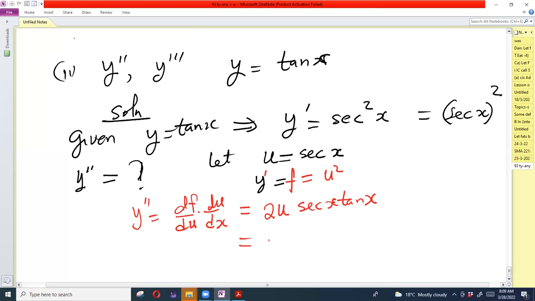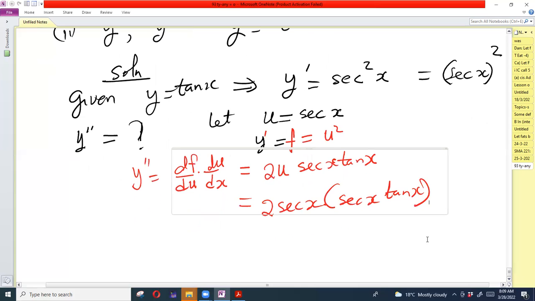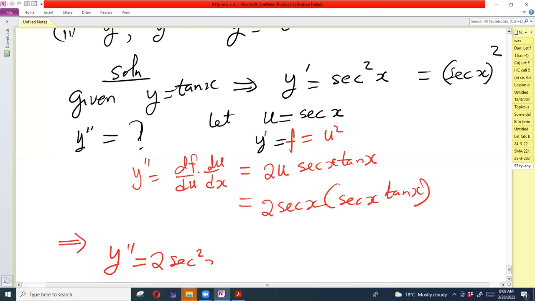So which is the same as 2 times sec x times sec of x tan of x. Sec times sec is sec squared. So this means the second derivative of the function is 2 sec squared x times tan of x.